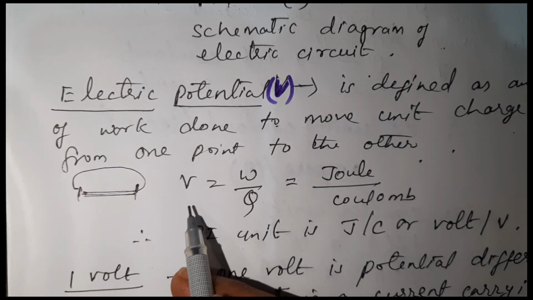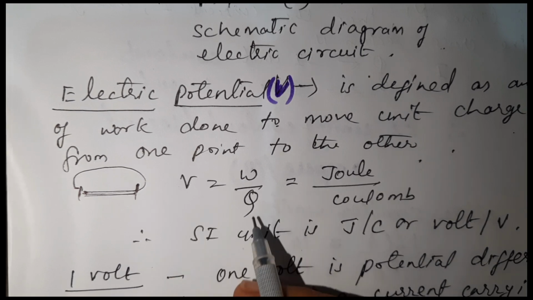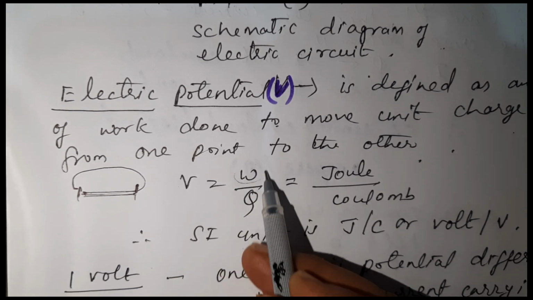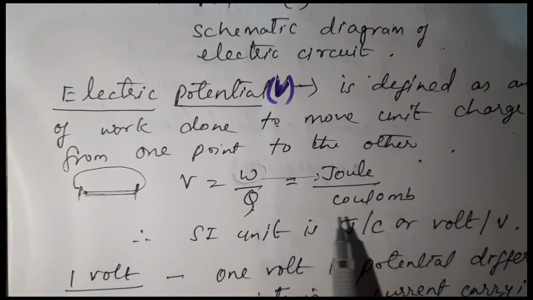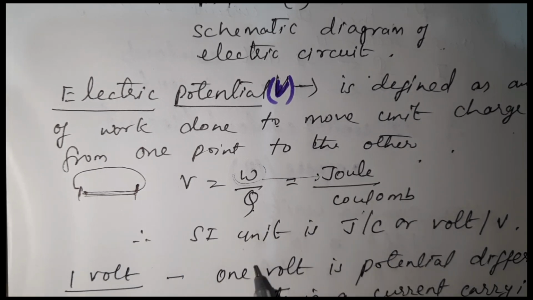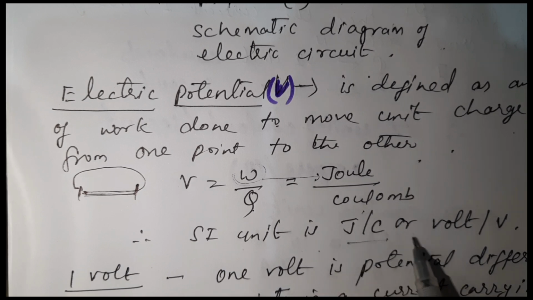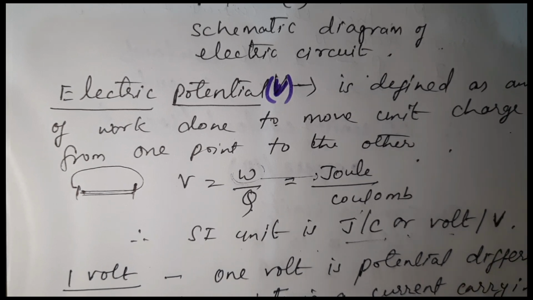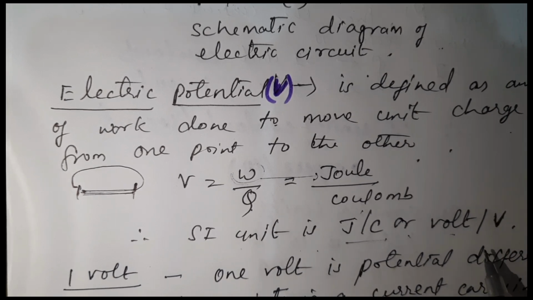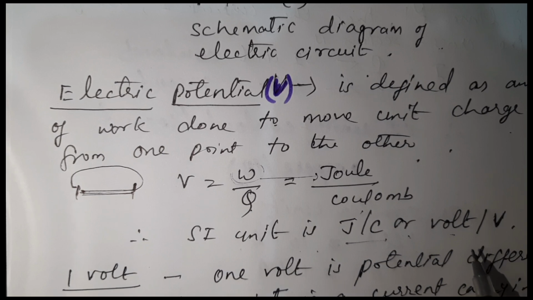Potential difference is represented by V. V is equal to W by Q, where W is the work done, so its unit is joule, and Q is charge, so its unit is coulomb. Thus, the SI unit of potential difference is joule per coulomb, or we can write volt. If we are using the symbol, V is used. So you need to remember all these units. They can ask MCQs, or they can ask what the other units of potential difference are, so you must be clear with each and every unit.